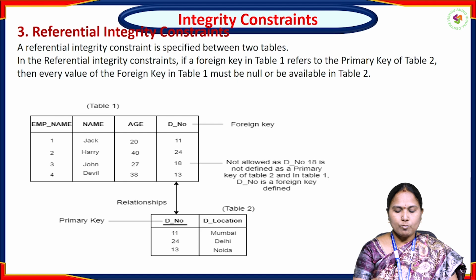So one table acts like a parent table, another table acts like a child table. So the relationship is established like a parent-child relationship. Whatever properties we have here, the parent properties are inherited to the child. This is the foreign key. Department number is treated as a foreign key. So how are we assigning the foreign key?